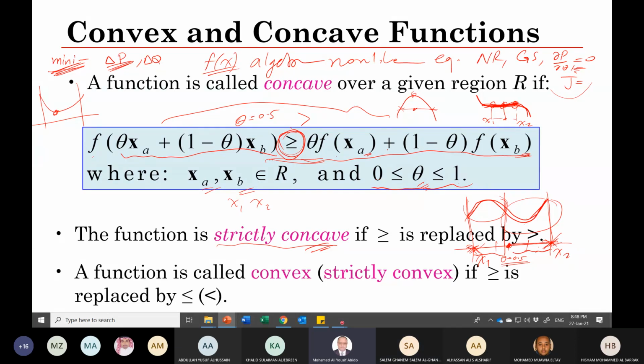Definitely, you have boundaries. This is the search space, and you have to define the limits of the variables. And in this case, you can see whether the function is convex or concave over this range. Okay, clear now. Thanks, folks.